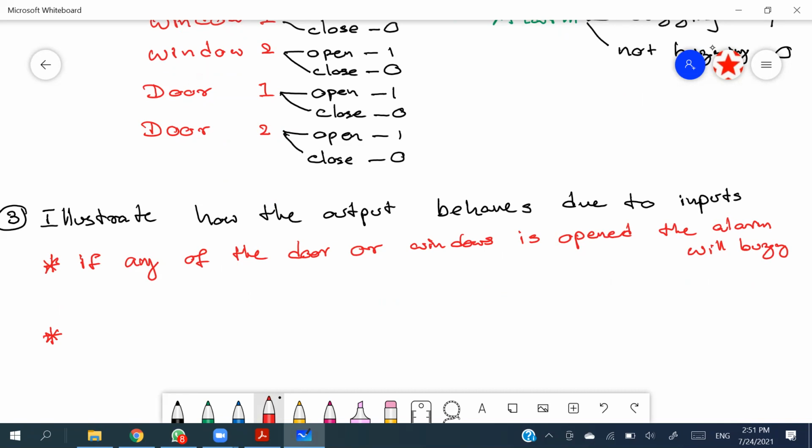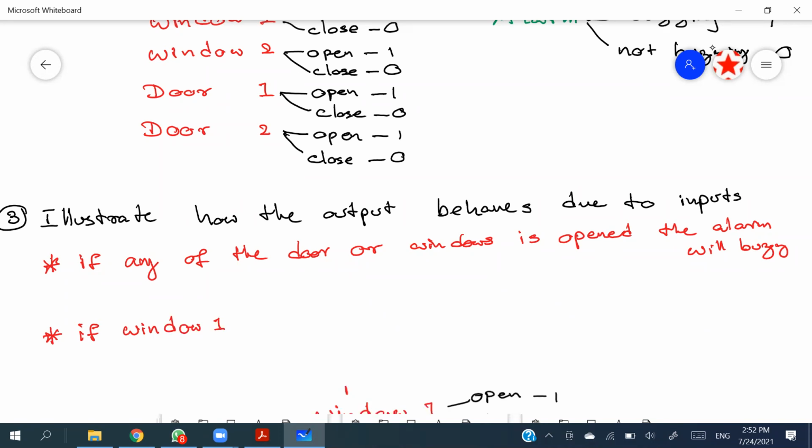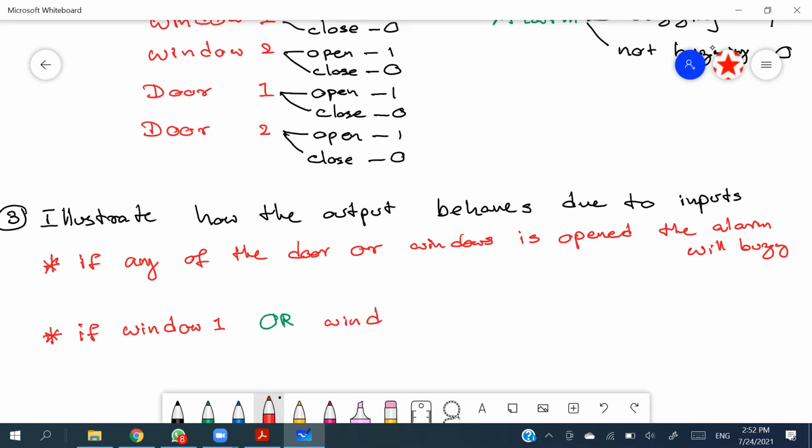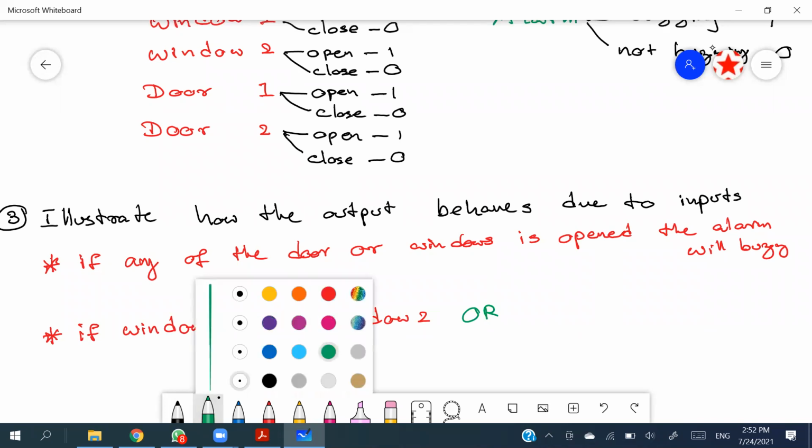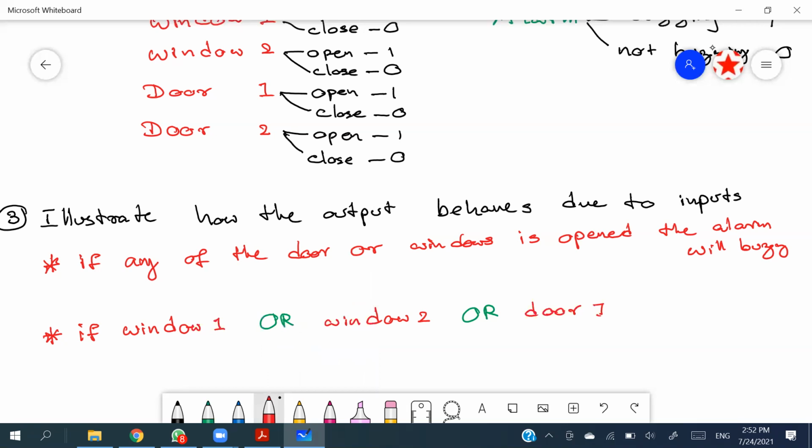I can say the same thing written in red at the top like this: if window 1 or window 2 or door 1 or door 2 is open, the alarm will be buzzed.